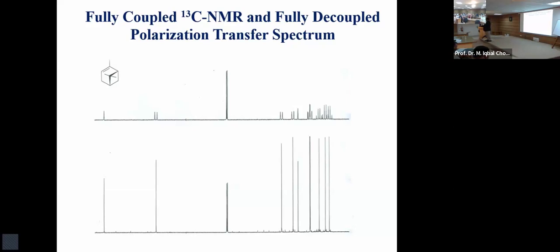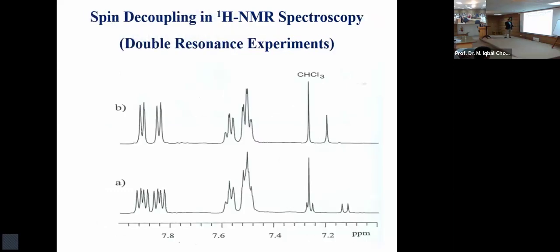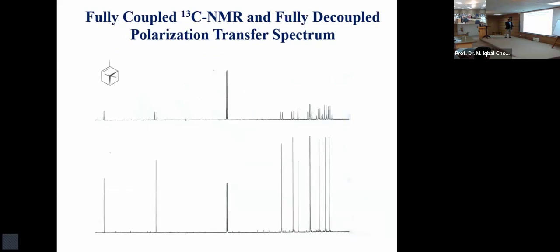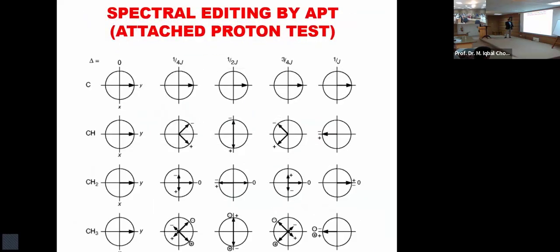So remember, when people were thinking, God, we have solved the problem, but at the same time we created a problem that we lost multiplicity, they came up with a solution called the attached proton test.